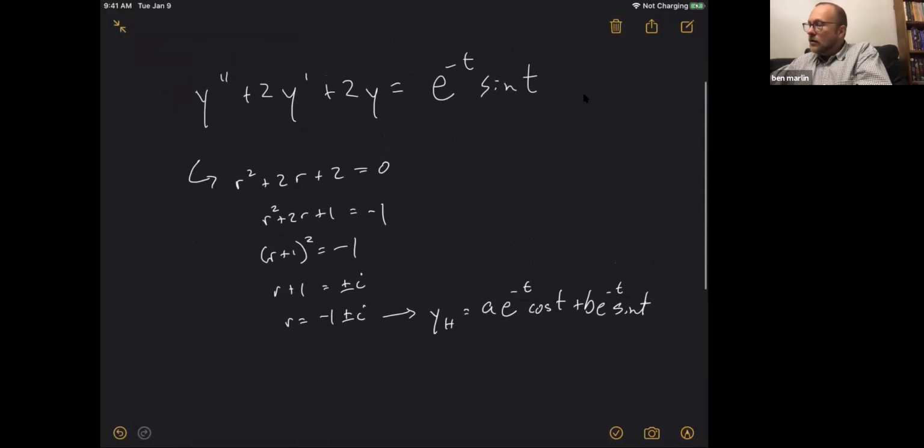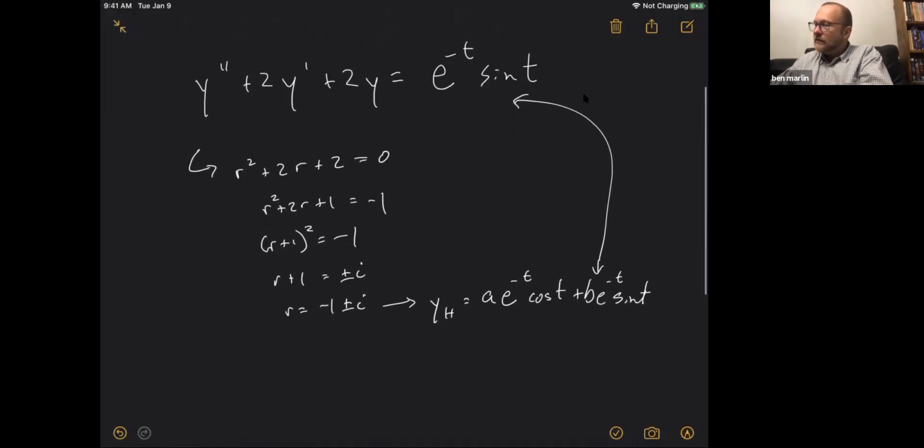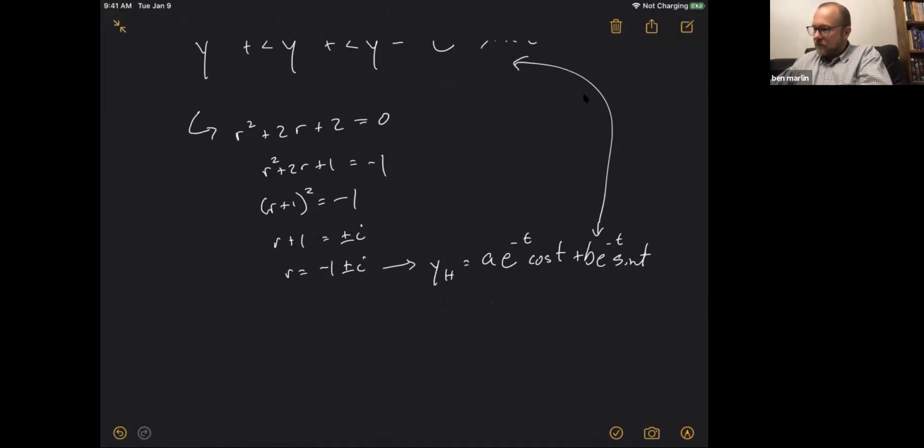Okay, oh no, that is of the same form, right? So those are sharing a root. So what that says for you is that you're going to need to jump everything up by 1, okay?